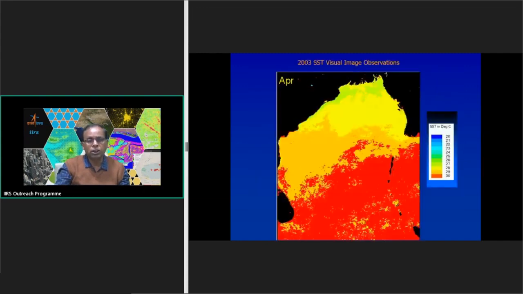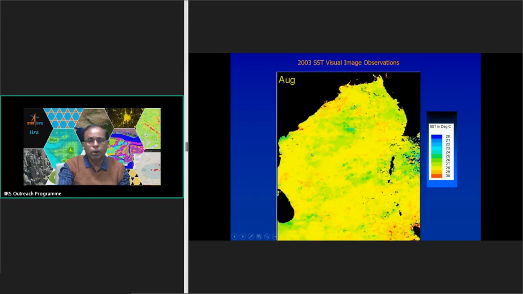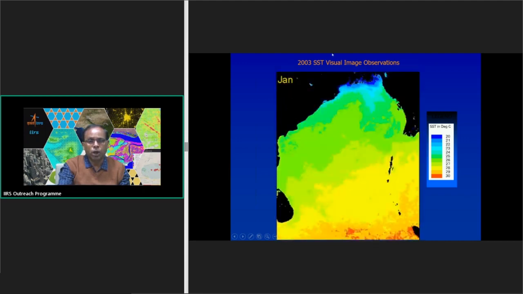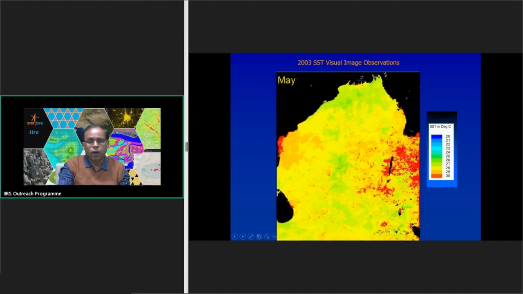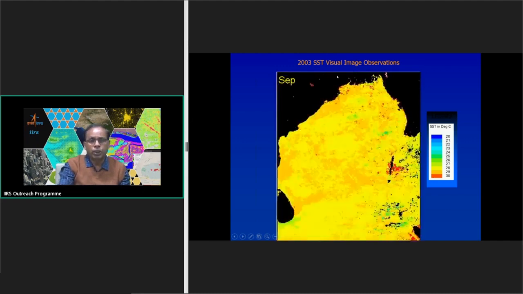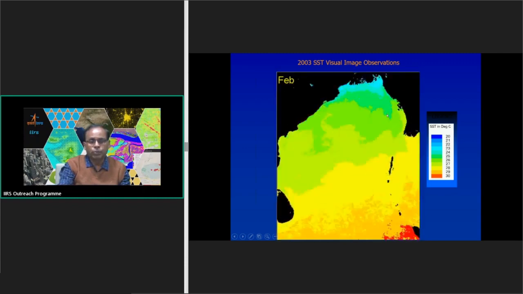This is the sea surface temperature data from MODIS over the Bay of Bengal. And as the sun passes from south to north, you can see the water is getting warmed up, and in January and February, December, the north bay is becoming cooler.